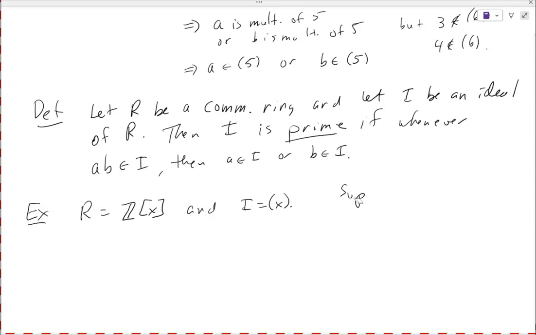Let's suppose that we have a product f(x)g(x) that is in the ideal generated by x.